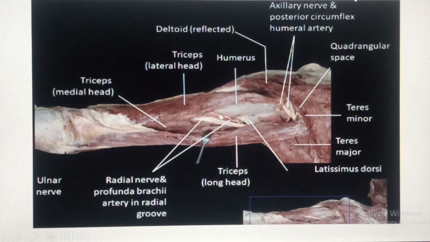The long head, as well as the medial head, will be supplied in the axilla by the radial nerve. Then again, the medial head will be supplied in the radial groove, alongside the lateral head of the triceps brachii muscle. So that is one thing you have to know. That's the triceps brachii muscle.